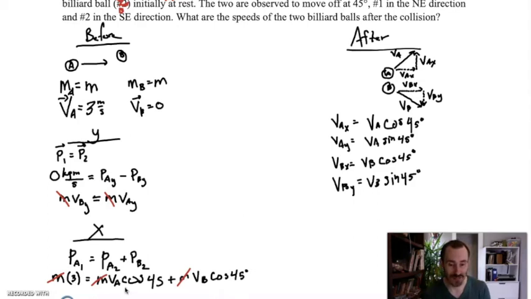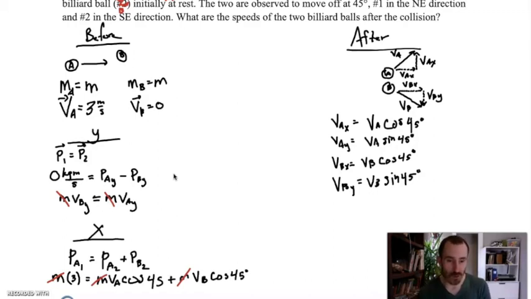Okay, but I still have two variables in here that I can't solve for either of them, again ignoring the fact that we know they're the same. So I'm going to go back up here, and I know that VBY and VAY are the same. That's what this equation says. Now, again, because it's 45 degrees, we also knew that, but pretending we don't, we're going to put in our component formulas here.